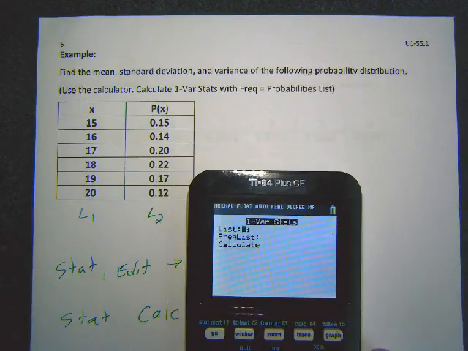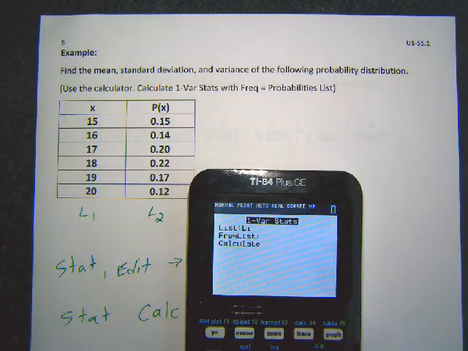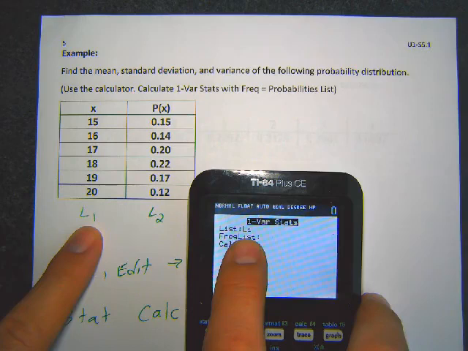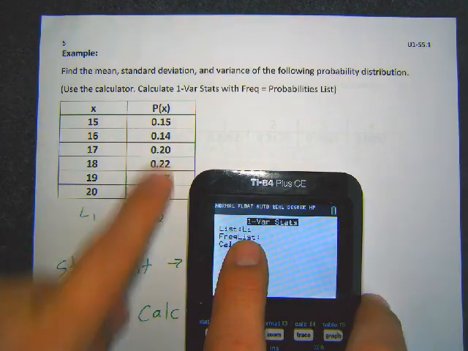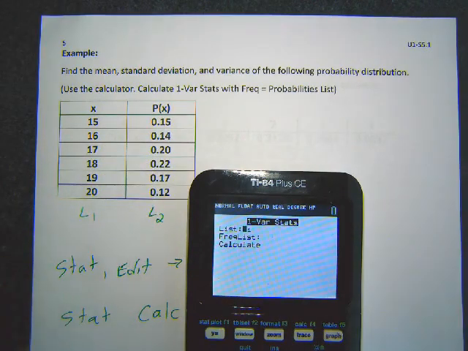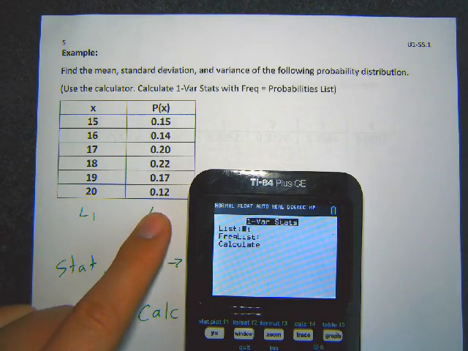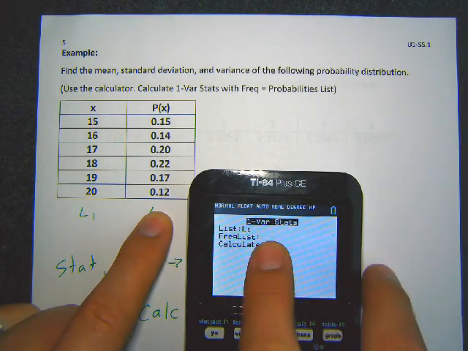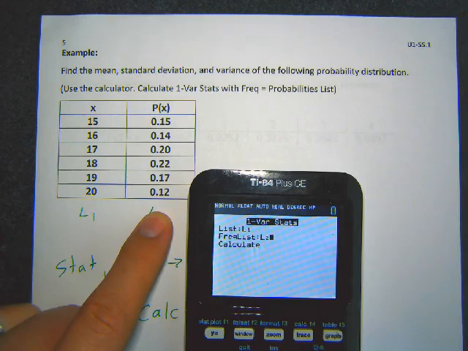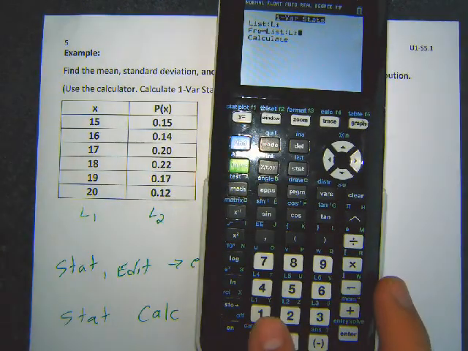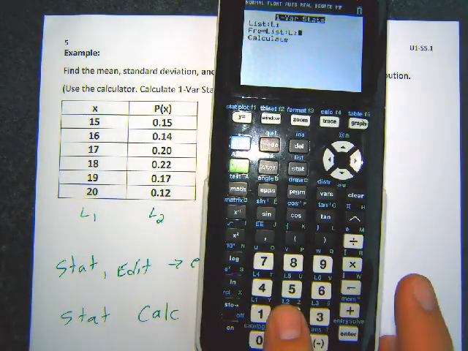So we'll use this 1-bar stats, which we used before, and we'll leave list 1 as our list 1. But now, because we actually have a frequency list, well, it's not a frequency, it's a probability list, but it works just as well. For this frequency list option, we're going to put second list 2. Remember, you can hit the second button and then type these list buttons: there's list 1, list 2, list 3.